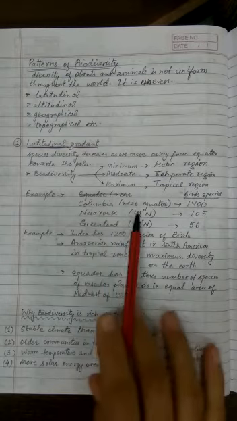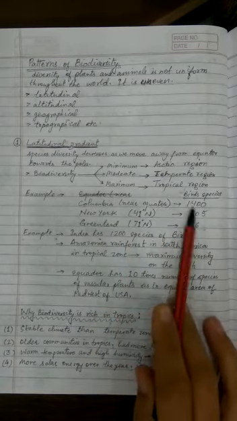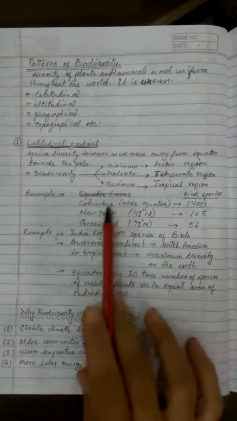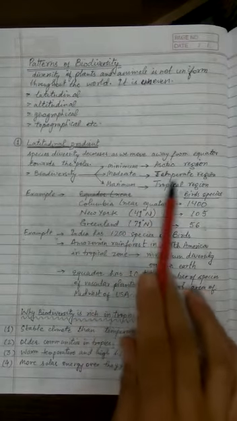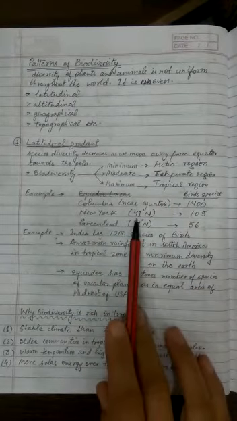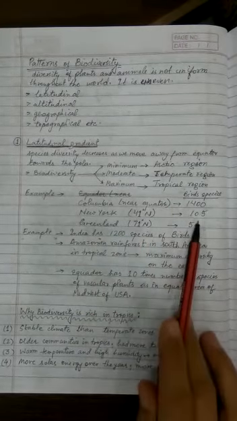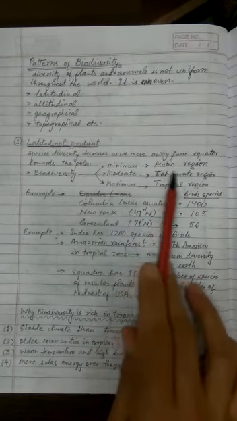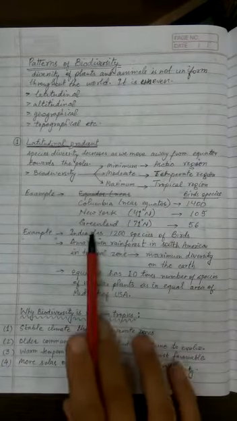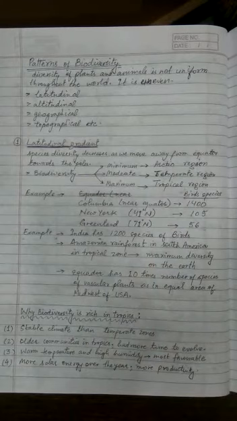Colombia is near the equator and has 1400 species of birds, and New York is in the temperate region at 41 degree north and has 105 species of birds, and the minimum is closer to the Arctic, Greenland, with 71 degree north as the position, has 56 species of birds.